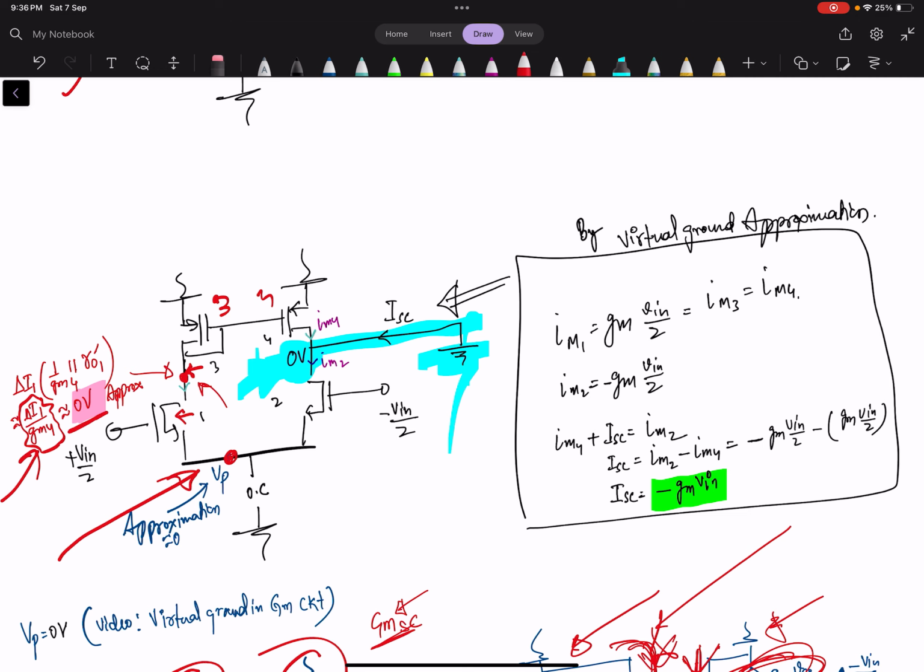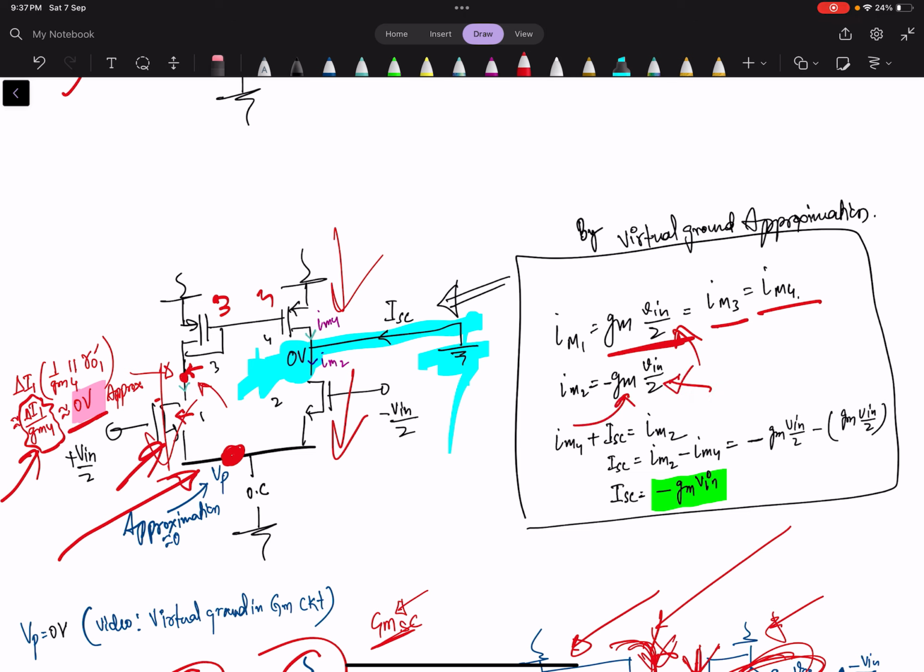Now coming to the calculation of the short circuit transconductance, simply what we will do: if this is ground, the current through this is GM times whatever the VGS, and VGS is now 0, and this is V in by 2, and this current will be the same as this current, since M3 and M4 are the same. The current here will be defined by GM times the input, and the input VGS is minus V in by 2.